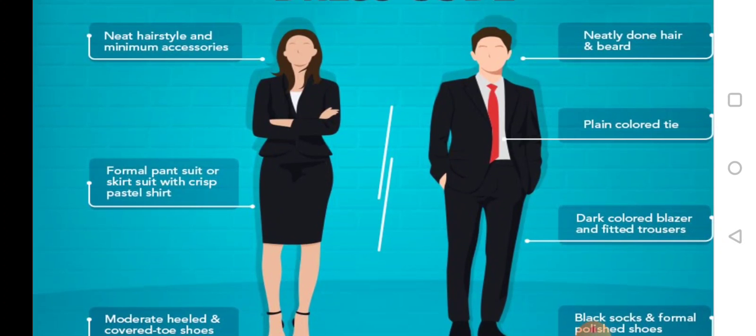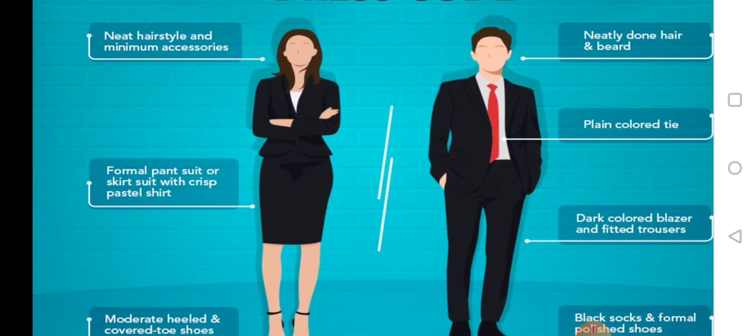In the case of a male presenter, your hair should be neatly done, and you should be properly dressed. You should use a plain color tie in place of a printed or designer tie, a dark color blazer and fitted trousers.